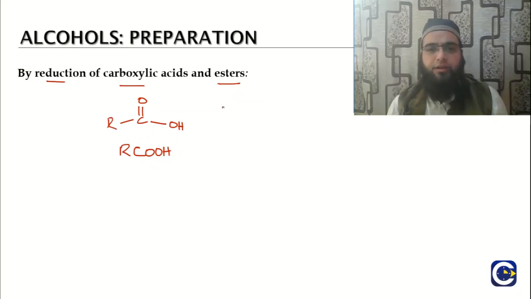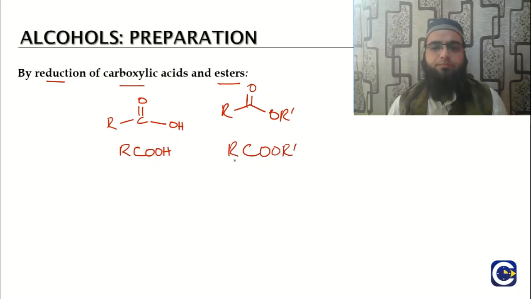For the ester we have RC double bond O, OR', which we can also write as RCOOR'. The R' here represents that it can be a different alkyl group. So this is the general representation.